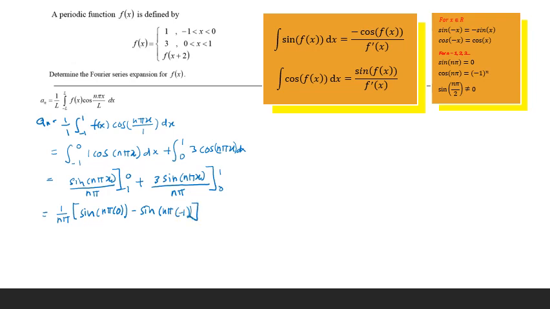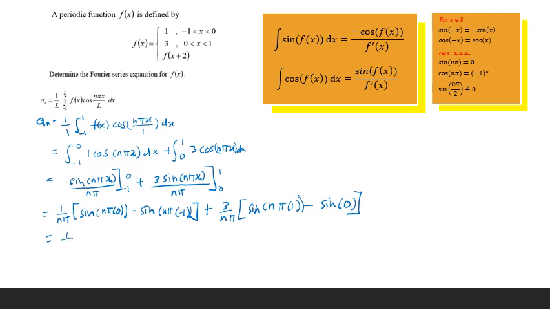Then plus 3 over n pi, the constant brought out, so just substitute into x. So we have sine n pi 1 minus sine 0.